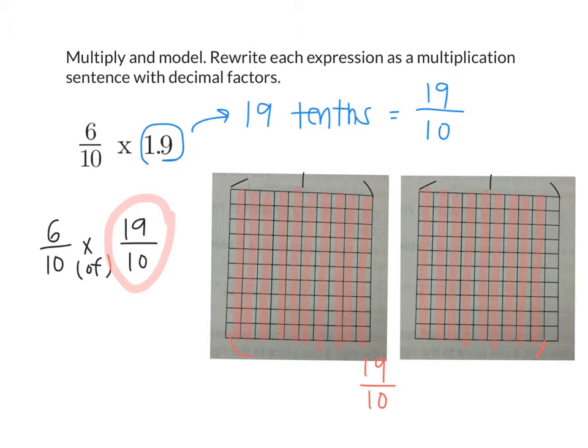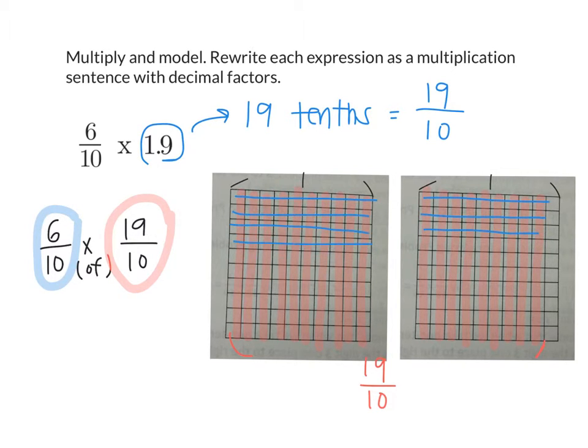Do I want all 19/10? No. I only want 6/10 of those 19/10. So here's 1/10. Do you see how 1/10 goes across both rectangular fraction models? Here's 2/10. Here's 3/10.